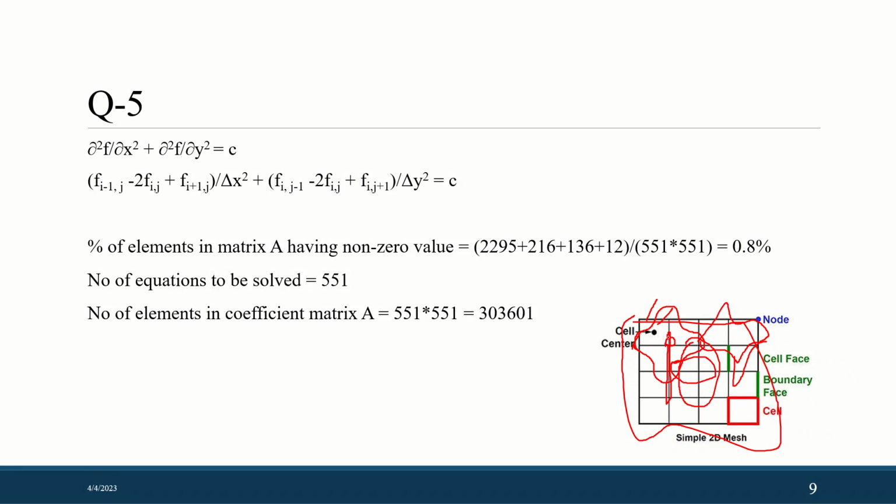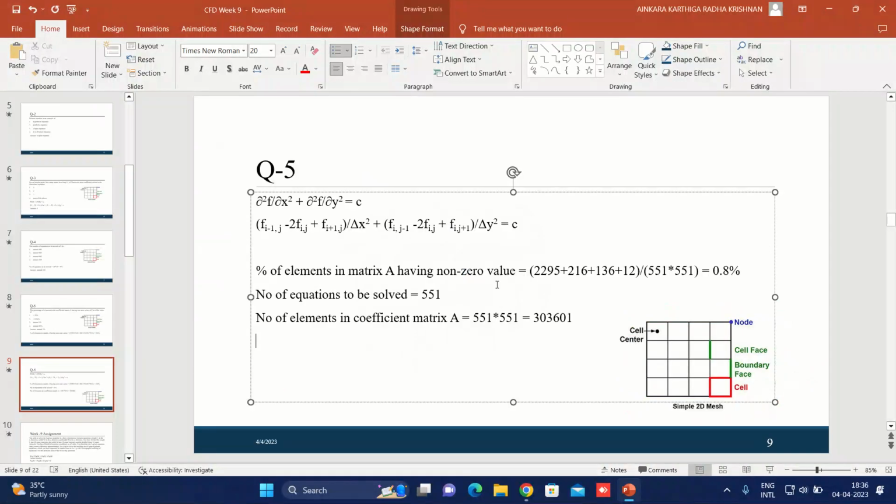So how to take the interior points? The interior grid points alone were like 29 cross 19, right? So again we are subtracting 2 more from that. It would be 29 minus 2 and 19 minus 2.